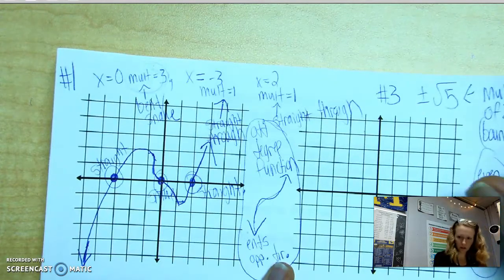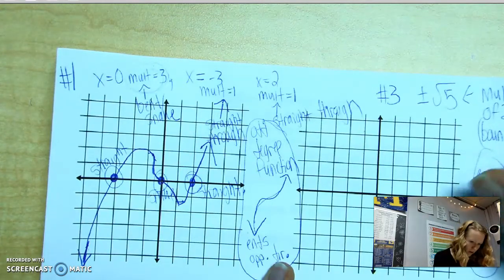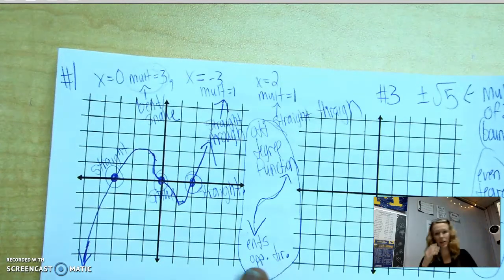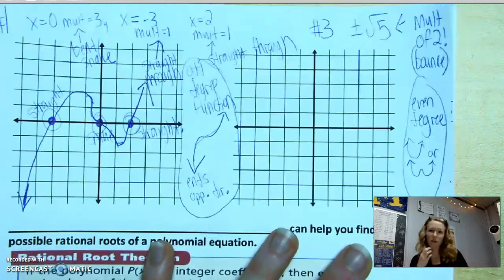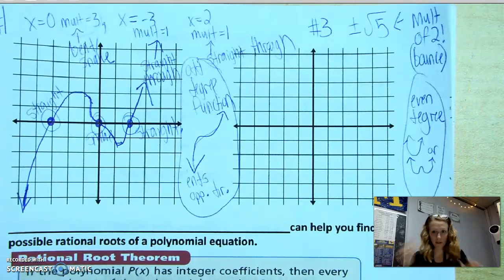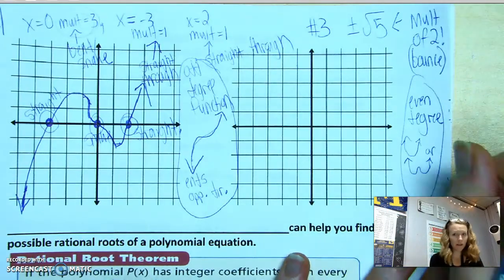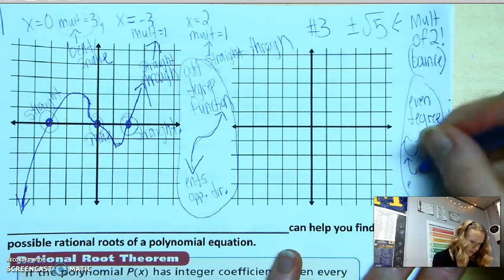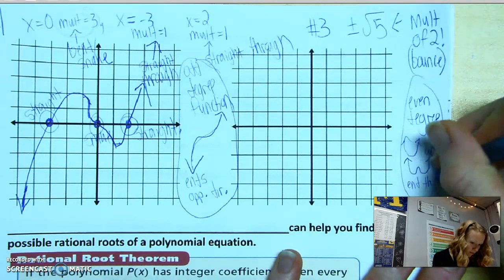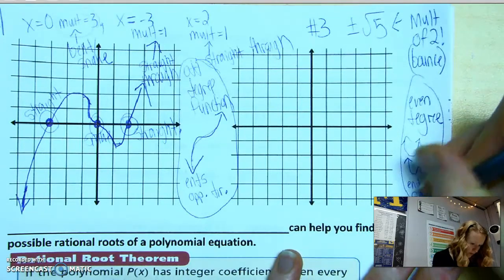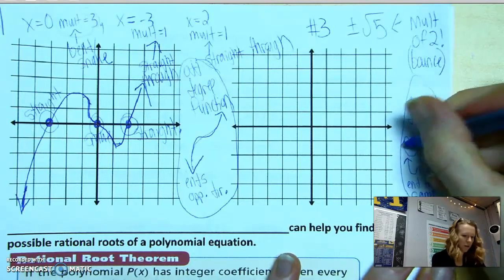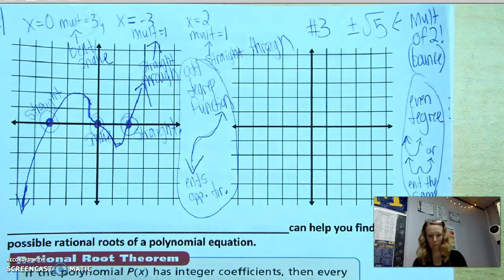So it should either look like a U or a W. So I always think of even degree functions as sort of like quadratics or fancy quadratics. So fancy parabolas are just a normal parabola. So if you have even degree, they should end the same direction. And since your leading coefficient's positive, it should be happy opening up.